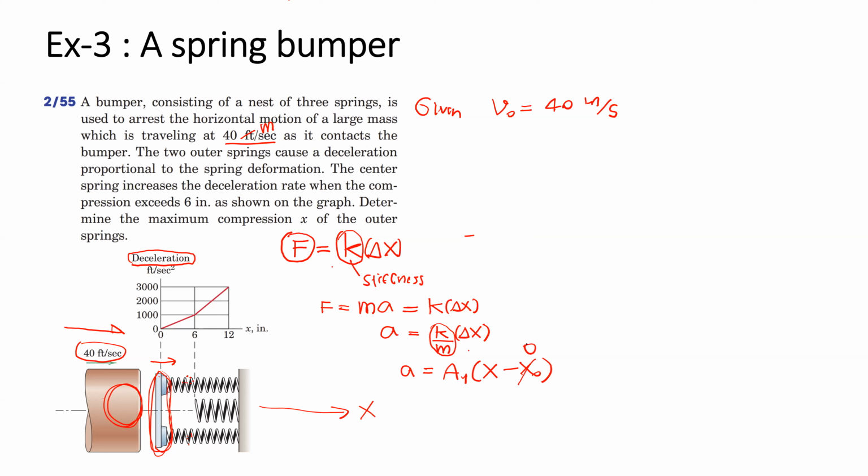Something like this. And this constant is the slope of the relationship between the acceleration and displacement. The deceleration is the minus of the acceleration. Or if you want to make it easy to understand, you may plot the magnitude and show it as a positive value.